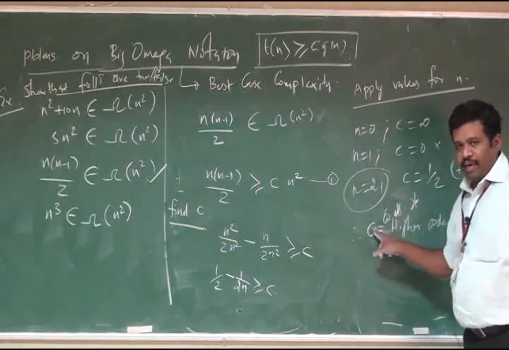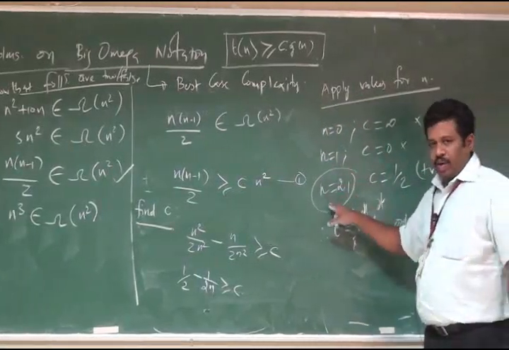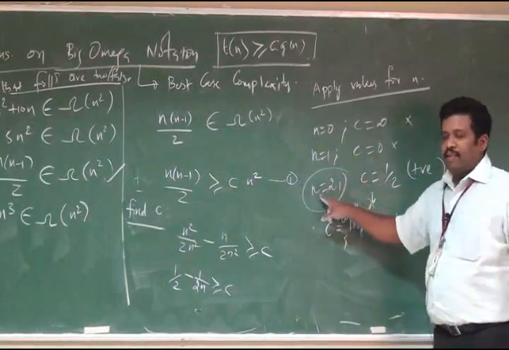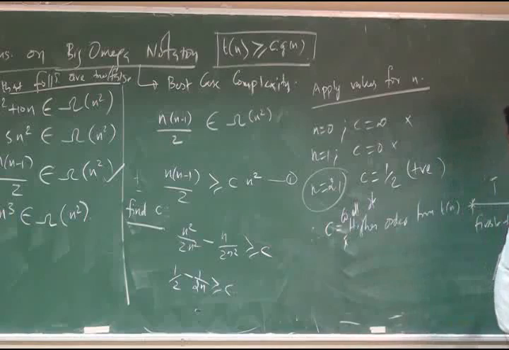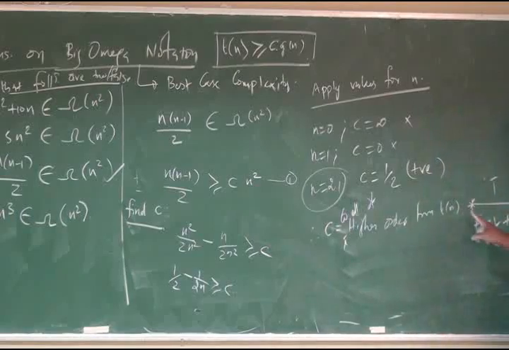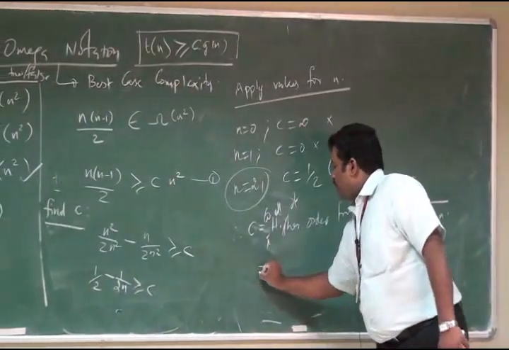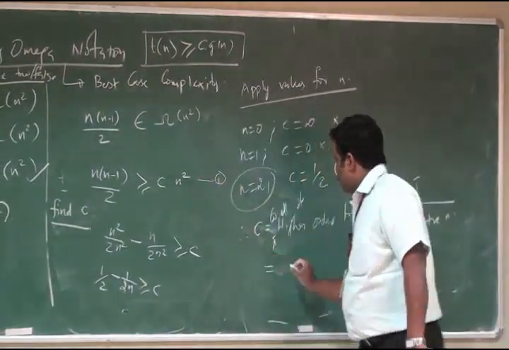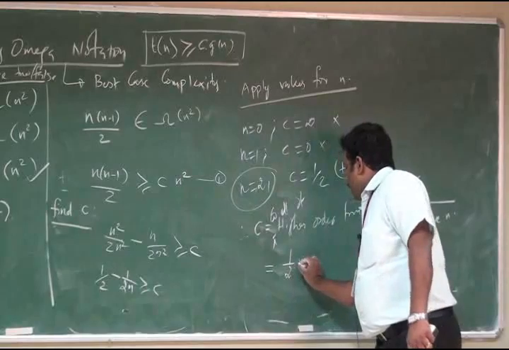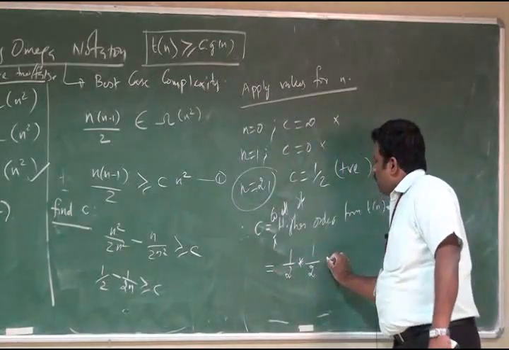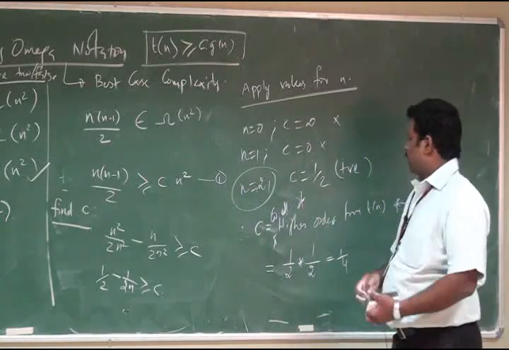You have to determine the constant value. On applying n, you are getting c equivalent to a positive value. So you are selecting n as the first positive value. It has to be substituted here. Since it is fractional, you are making it into 1 by something. So the coefficient of higher order from the given expression is 1 by 2 into 1 by, the first positive is 2. Thereby you are getting 1 by 4.